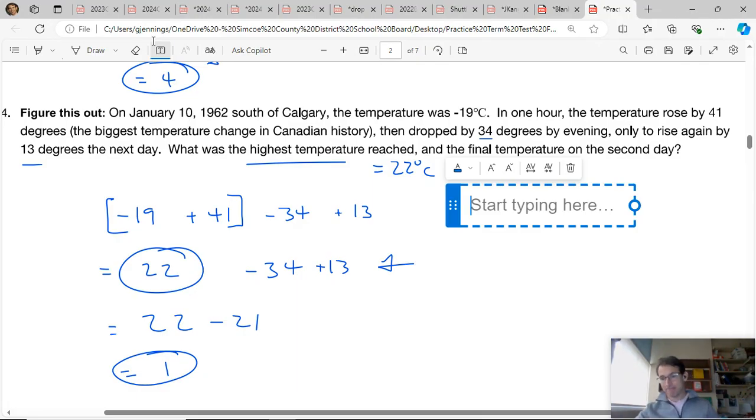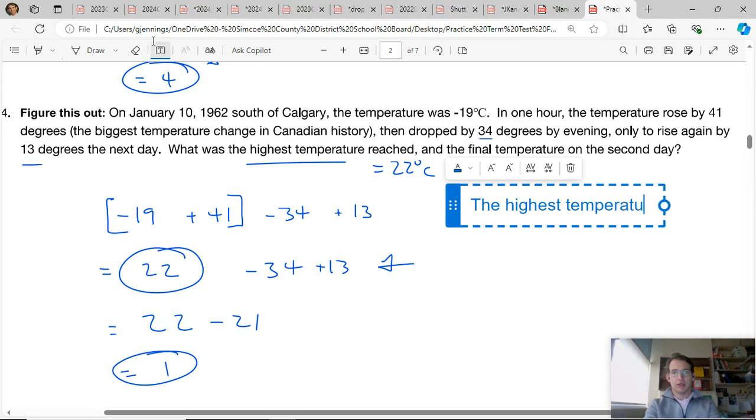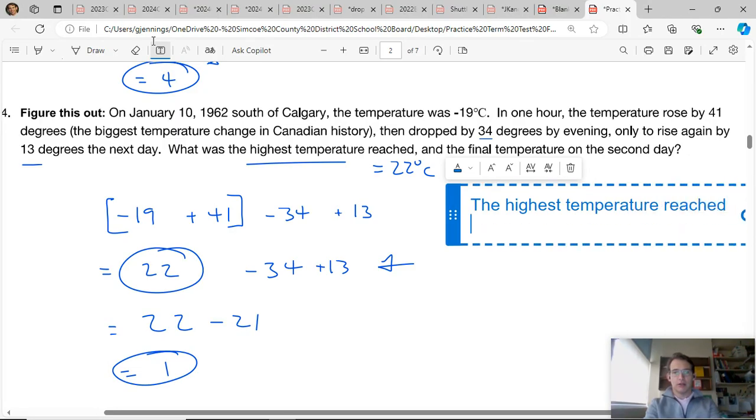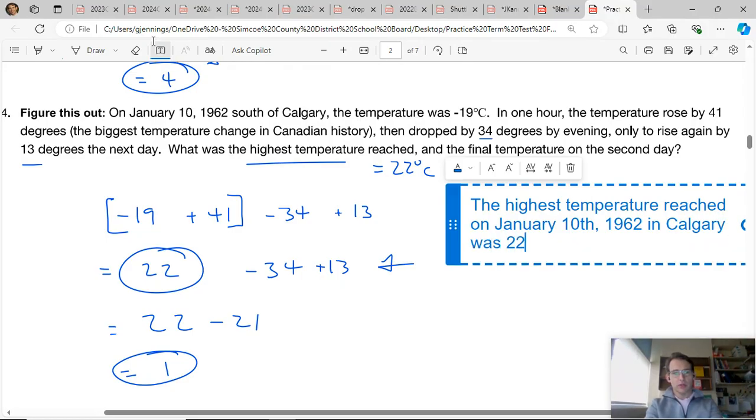a little statement. It summarizes what you found for your audience. Okay, you would say the highest temperature reached on January 10th, 1962 in Calgary was 22 degrees Celsius.